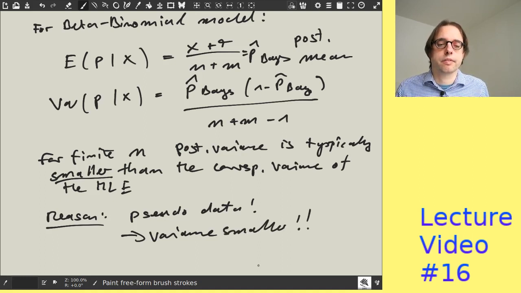So this hints again that for small samples it's beneficial to add prior information, using extra information via a prior. That's it for today. Even from this simple beta binomial model, you can learn a lot about Bayesian statistics.